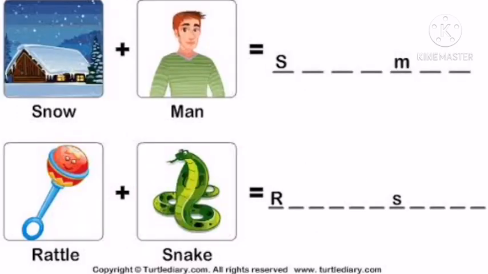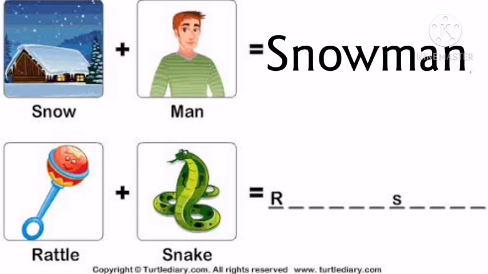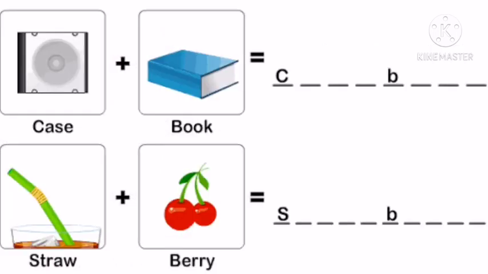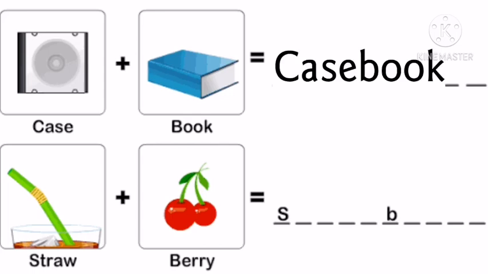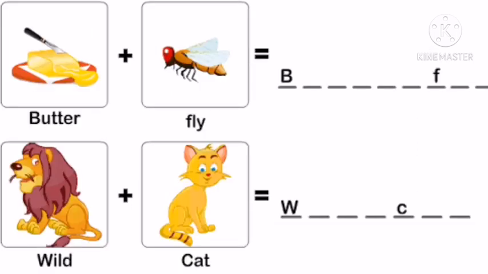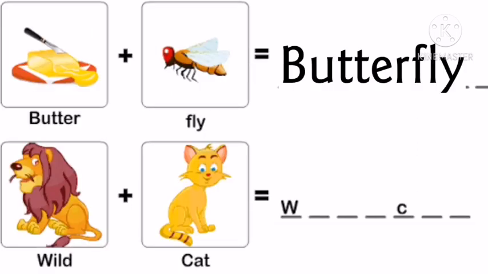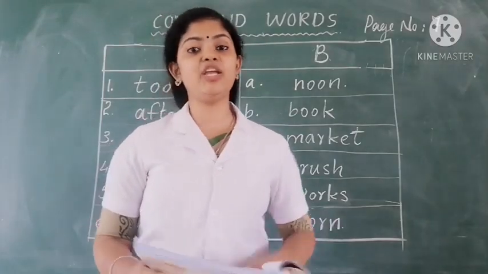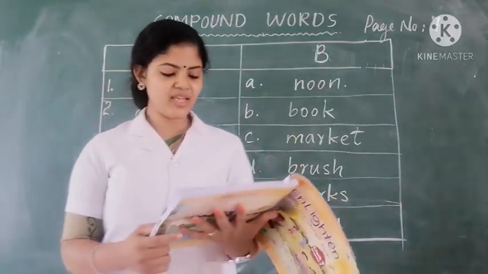Snow plus man, snowman. Rattle plus snake, rattlesnake. Case plus book, casebook. Straw plus berry, strawberry. Butter plus fly, butterfly. Wild plus cat, wildcat.